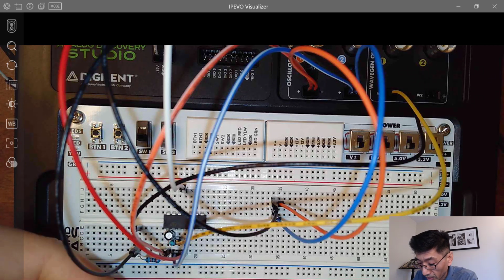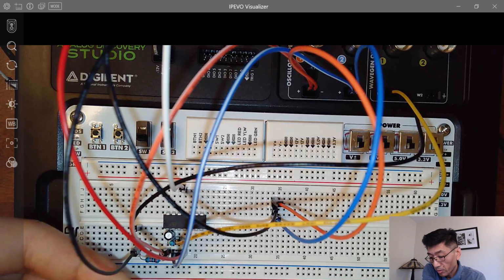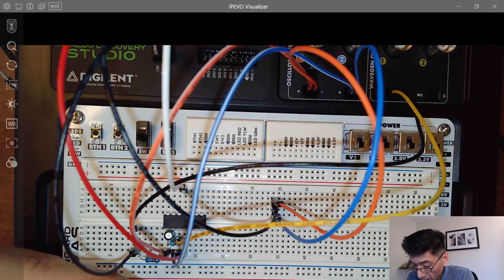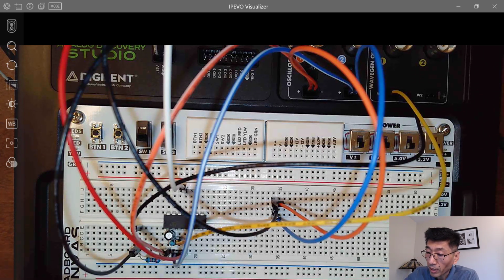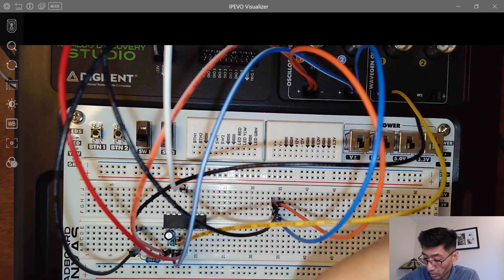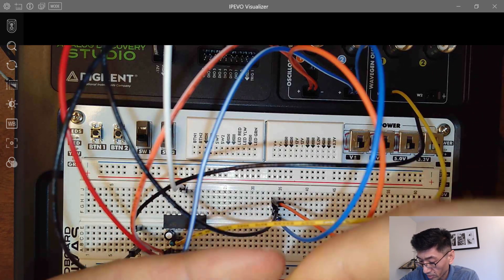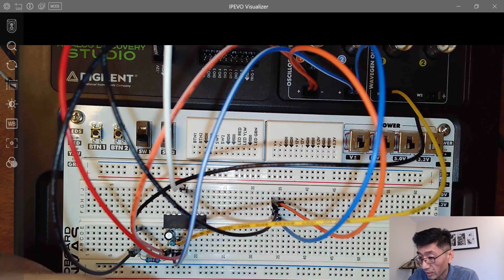But this capacitor has polarity, right? Typically you will see this negative mark here, so this indicates the negative terminal. Of the 2 legs, the 2 pins, the leads, one is shorter, the one with the negative terminal.